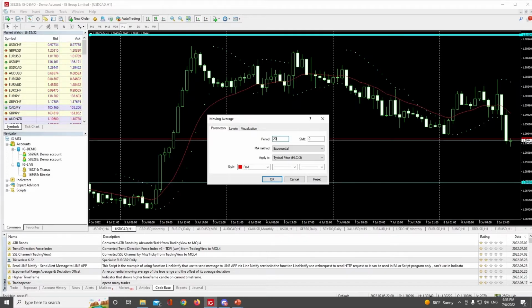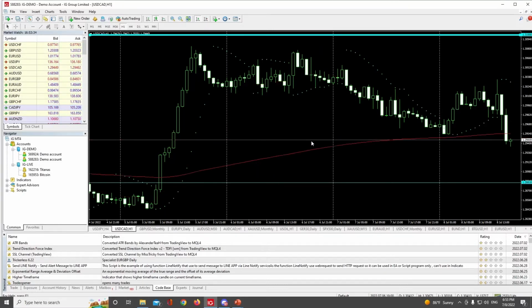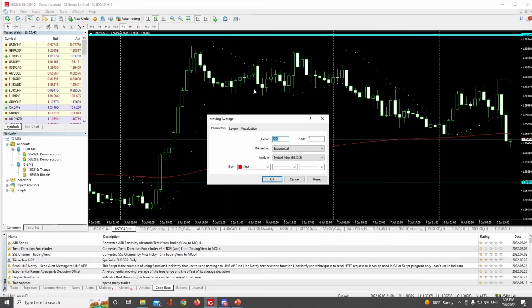You can use the 200 period, which is significantly slower. Remember what we've said about the moving average, the exponential moving average, and what prices to use it on. I'm using the typical price, high, low, close, and I'm always using exponential, and it won't make such a big difference, to be honest.